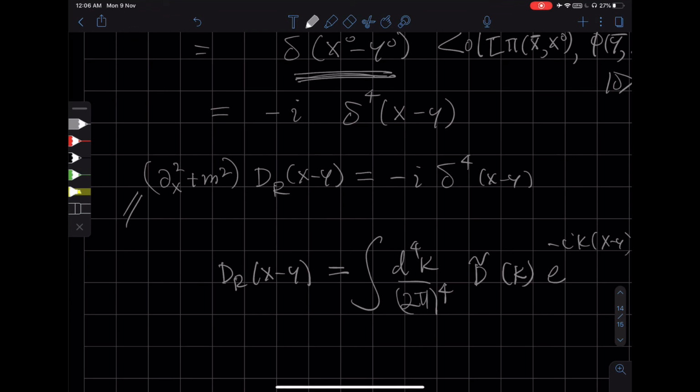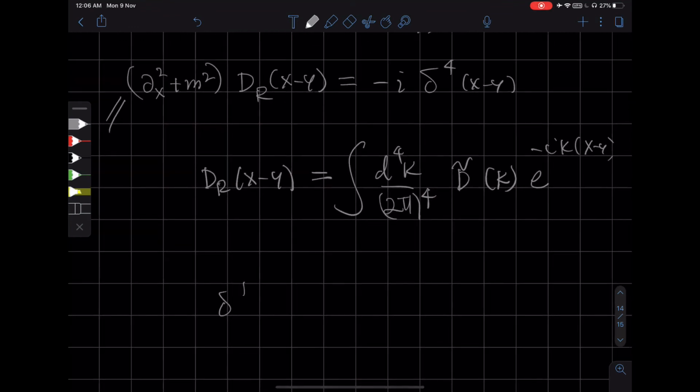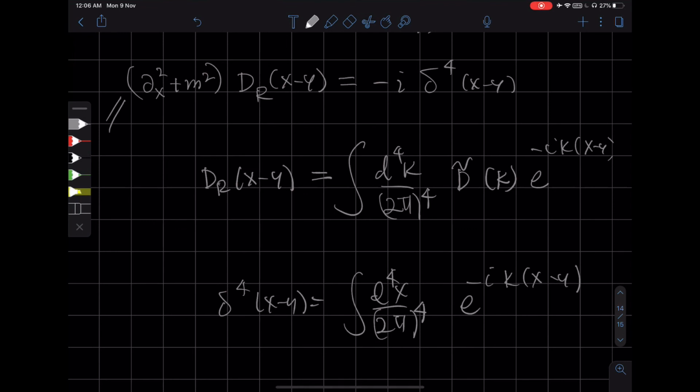Now we know that the four-dimensional delta function is nothing but d^4k by (2 pi)^4 e to the power minus i k (x minus y).